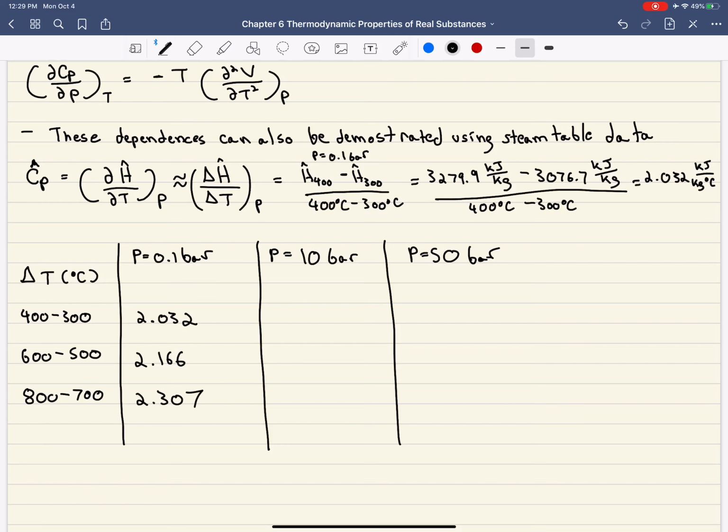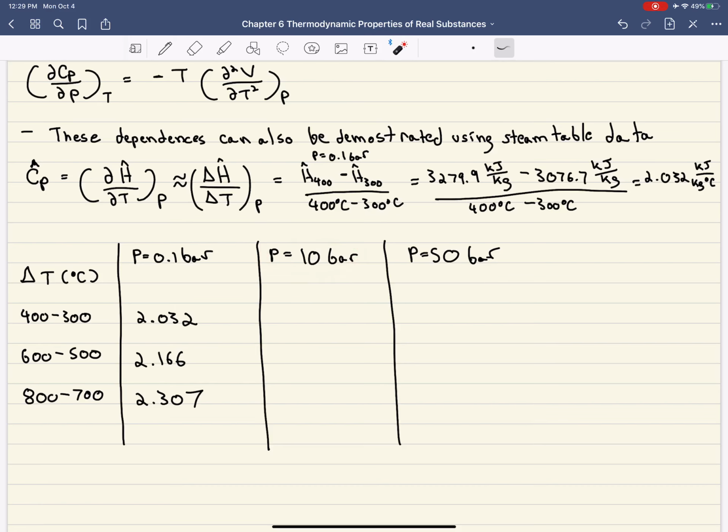All right, and so here we see that the heat capacity changes as we change our temperature range, right? That's not surprising. This is what we've seen before, right? We've actually seen that our heat capacity does change as a function of temperature. Okay. All right, but we did this at a pressure of 0.1 bar, which is a fairly low pressure.